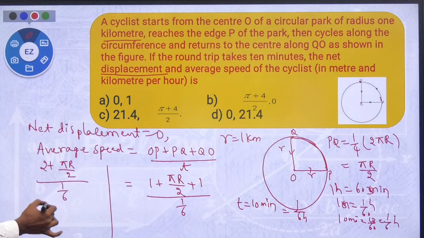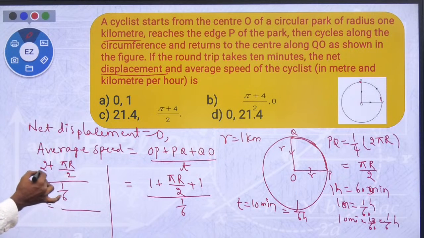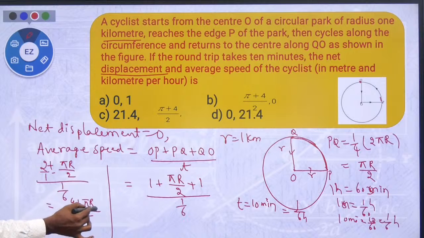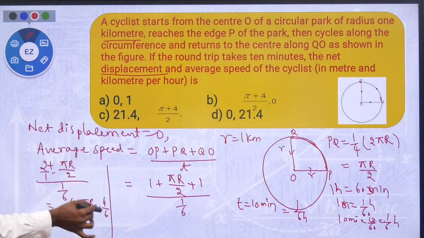So 2 plus 2, take LCM. If you take LCM, this is 1, 2, 2 to the 4, 4 plus pi r by 2 divided by 1 by 6, that is 1 by 6 by 1. This is 1 by 6, do reciprocal, 6 by 1.